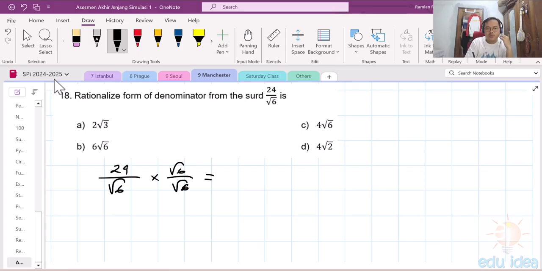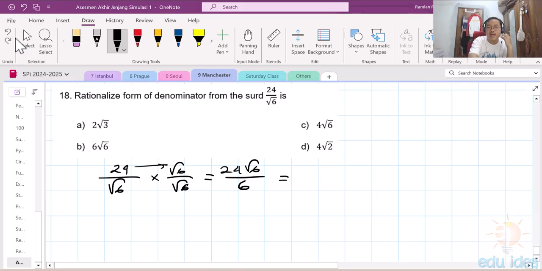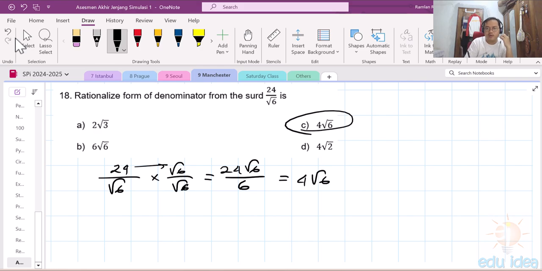Remember also that in fractions, if you want to multiply, just multiply the numerator with numerator, denominator with denominator. So this is just 24 square root of 6 over, square root of 6 times square root of 6 is just 6, right? But this is not the simplest form because we can simplify 24 and 6. 24 divided by 6 is 4. So you are left with 4 square root of 6.